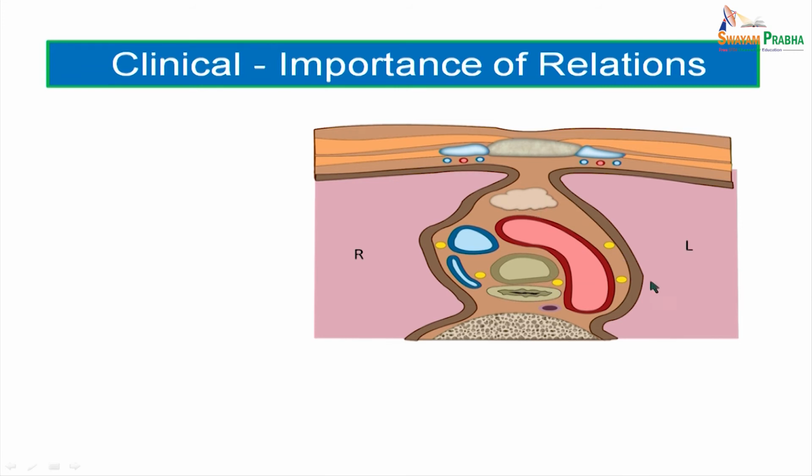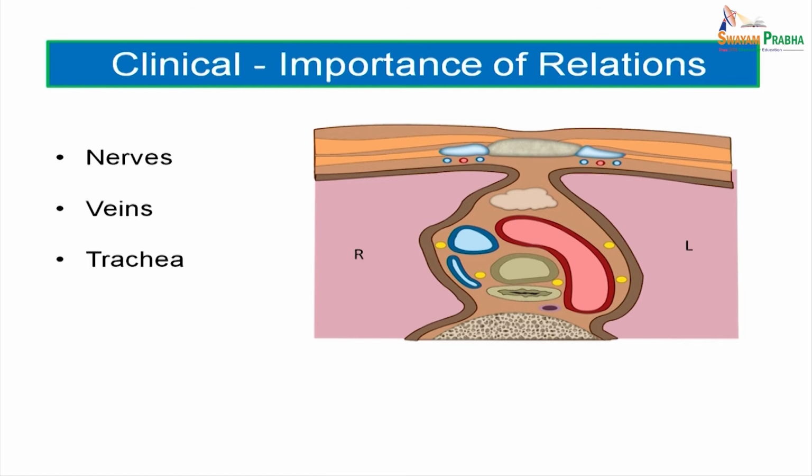Any of these structures can get compressed if there is any pathology related to the arch of aorta. If it compresses the nerves, you can have hoarseness of voice when it compresses the recurrent laryngeal nerve. You can have some pathology in the diaphragm if the phrenic nerve is compressed, and so on. Similarly, if it compresses the veins, there can be venous engorgement and bloating of the face.